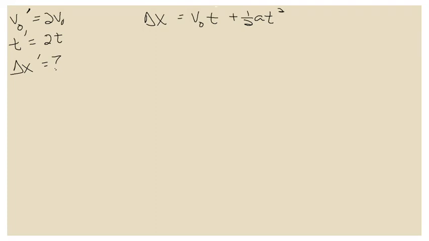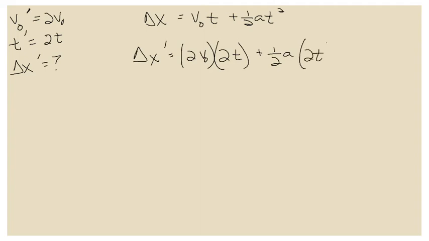And so, again, it's the same kind of procedure here, but it just gets a little more complicated, because notice when we write our first line for delta x prime, we have the initial velocity doubled, so we write 2v naught, then 2t, then plus 1/2 a, and then because the time doubled, we write 2t, close it up in parentheses, and then square it.